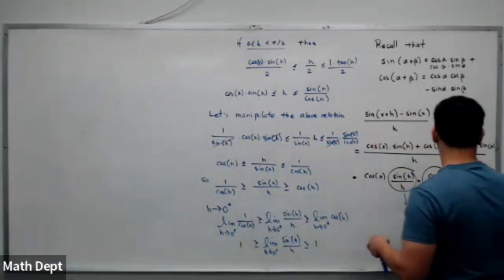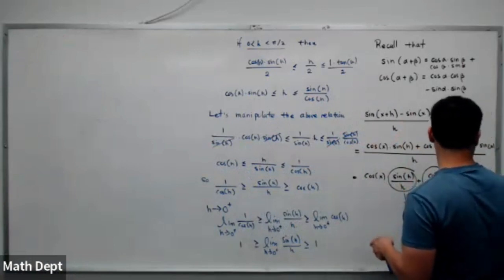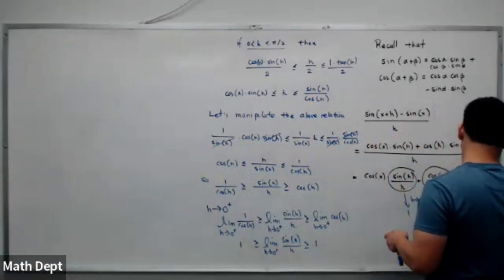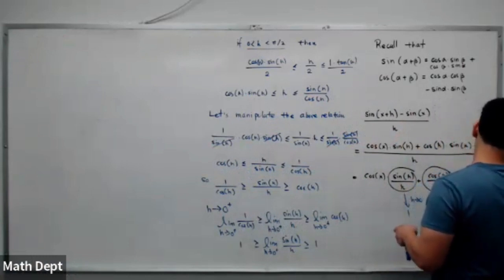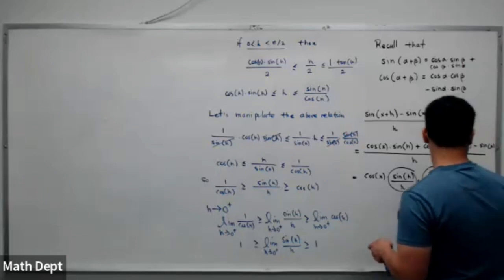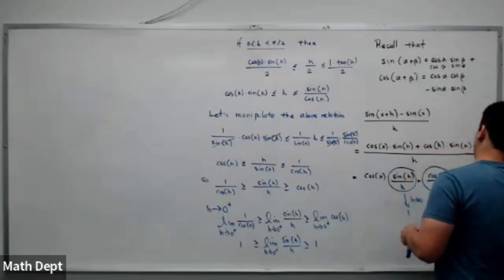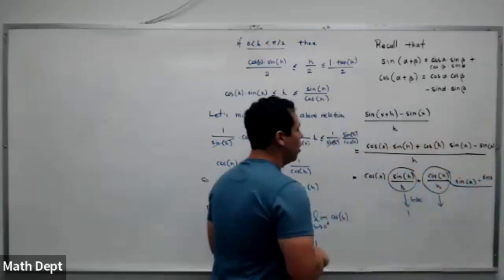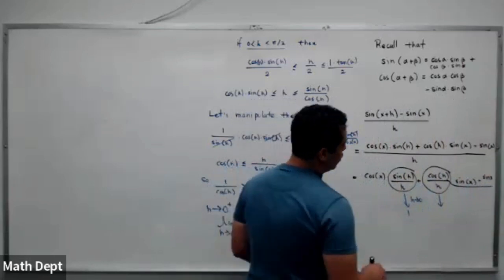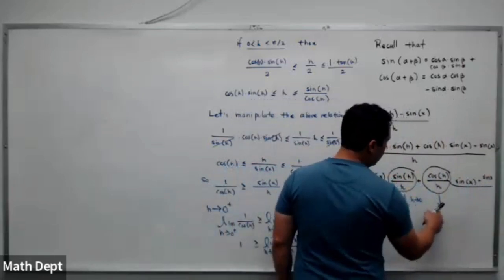So here I should be saying also minus sine of x. We do this all over here so that it becomes a little easier to handle. Okay, so there's a remaining question of what this is tending to.